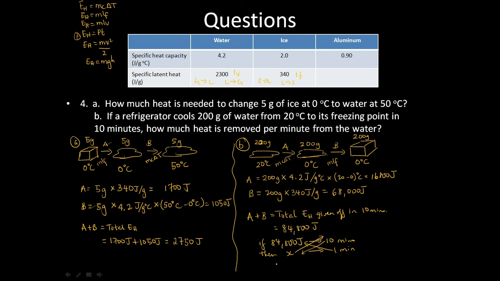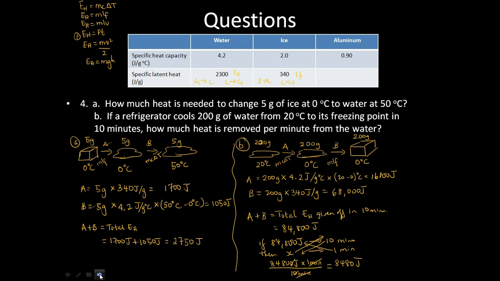So you're going to end up with 84,800 joules times 1 minute over 10 minutes. The minutes cancel, so you're left back with joules, and you end up with 8480 joules. So per minute, that's how much heat is being given off to make ice. That's a lot, right?